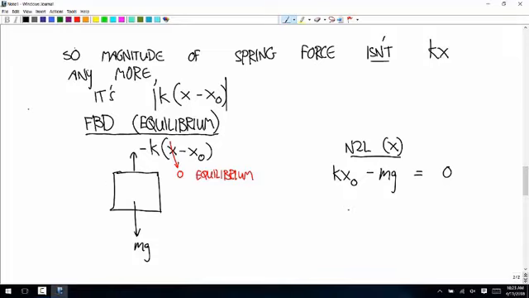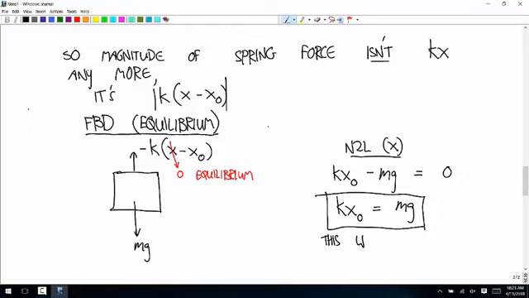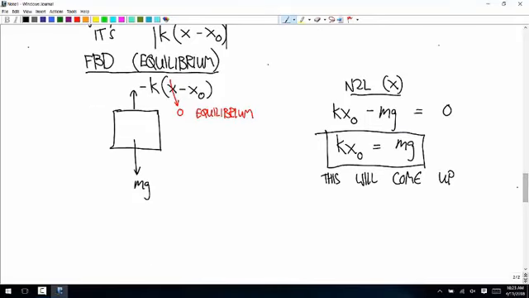So k x0 is equal to mg. This will come up in the rest of our derivation. We're going to use this fact in the next part.